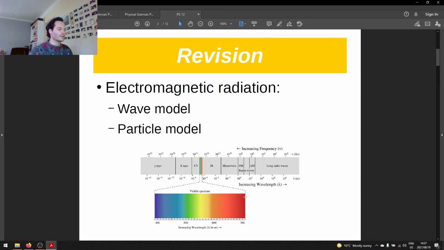So red light has a longer wavelength, thus a lower frequency and thus a lower energy, whereas violet light has a shorter wavelength, therefore a higher frequency and thus also a higher energy.